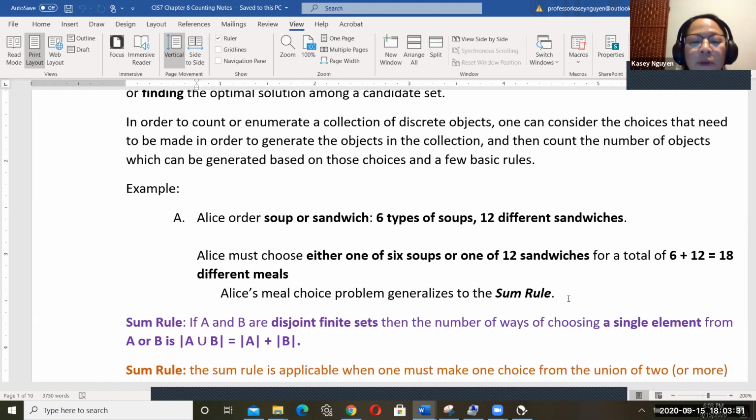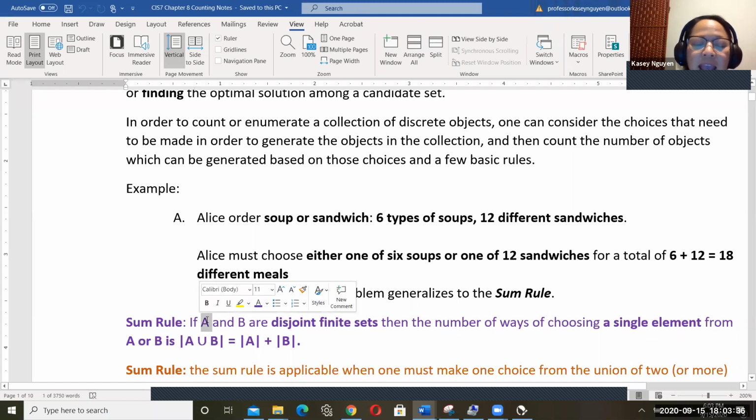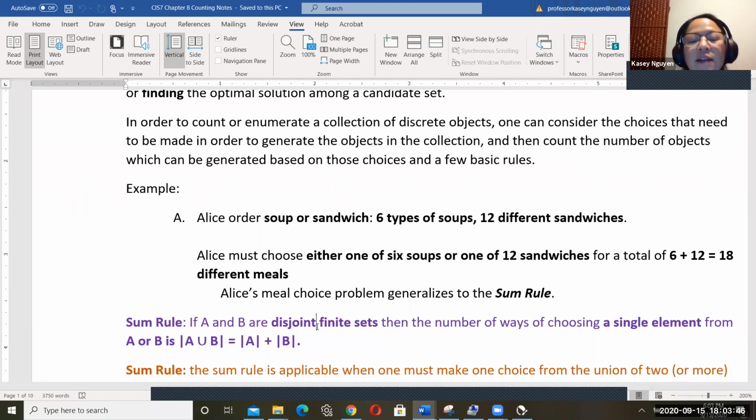If you have option A and option B and they are disjoint in a finite set, and last week we talked about what is disjoint and what is joint, when we look at the Venn diagram, we have the number of ways of choosing a single element from A or B. Alice has to choose one soup or one of the 12 sandwiches, so we use the sum rule.